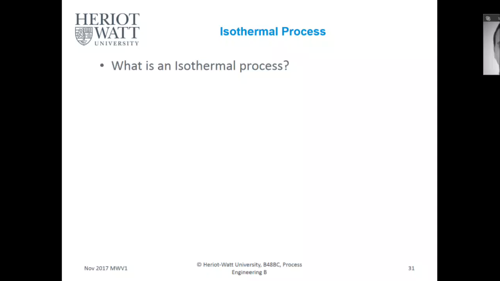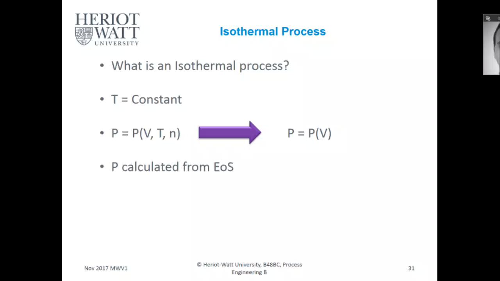So P is proportional to the number of moles, T, and 1 over V. But because your T remains constant, it's just inversely proportional to volume. And your number of moles is always constant. You can calculate P from the equation of state, which in this course so far is the ideal gas law.